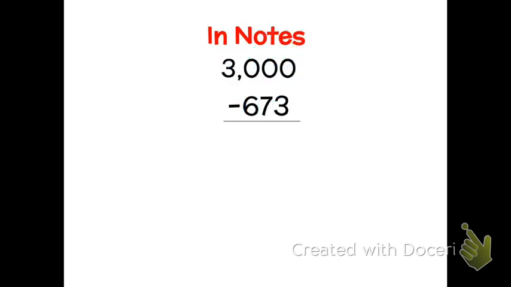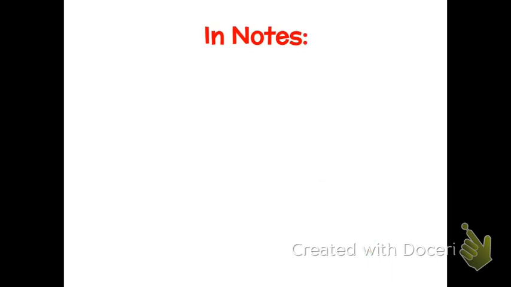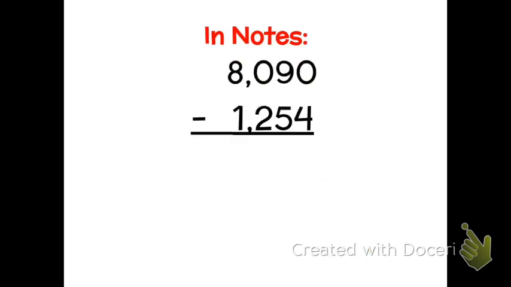The next problem I want you to write down in your notes as well: 8,090 minus 1,254. Again, I have to start off borrowing right away. So in my first column, I've got my 0. So I borrow from the 9, and the 9 becomes an 8.